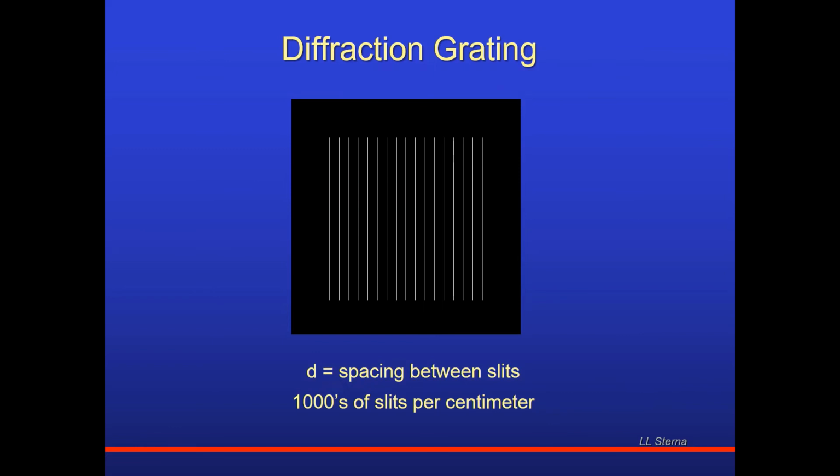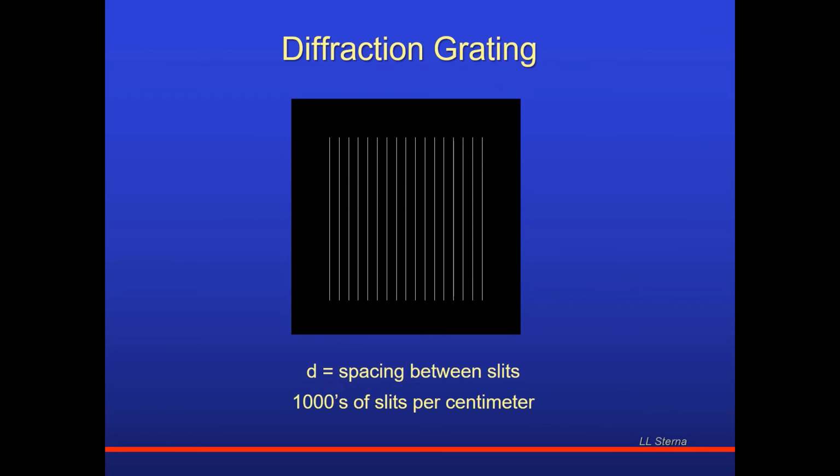It's as though those slits were scratched into the grating as lines, or they appear as lines, whichever. We're considering slits, but the grating will be described as lines per centimeter, or sometimes lines per millimeter. Thousands of lines per centimeter or hundreds of lines per millimeter. Those are the slits.